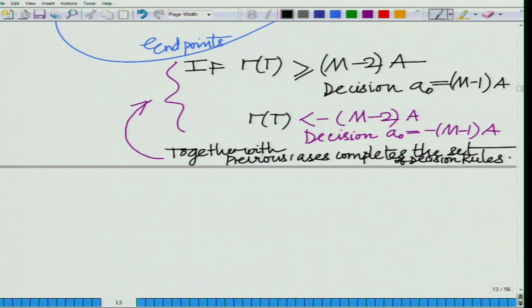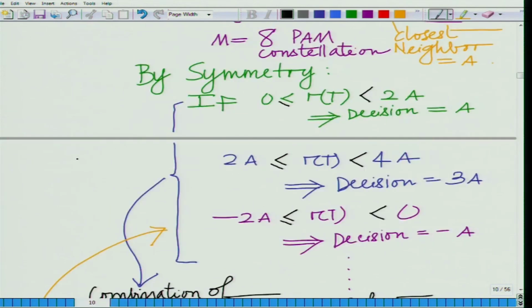Okay, these are for, let us call them, the internal points. Internal points means a point which has 2 neighbors, that is 1 point on either side.